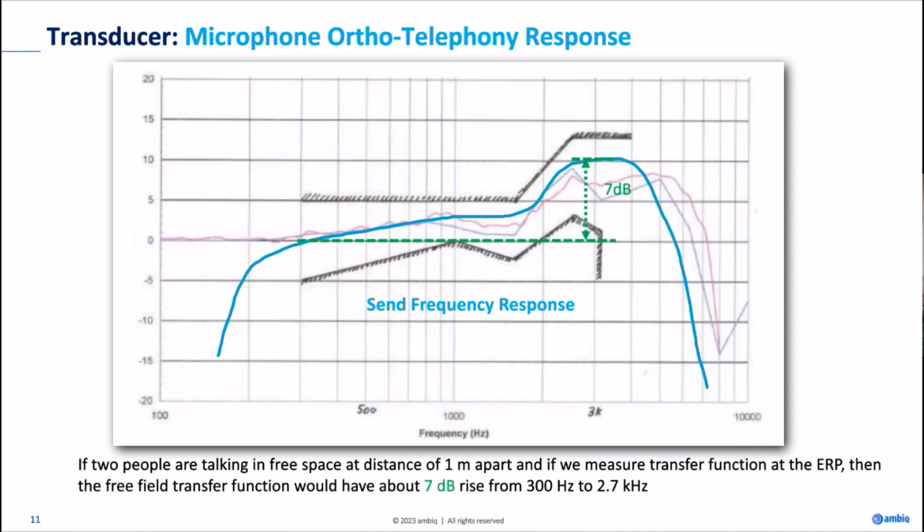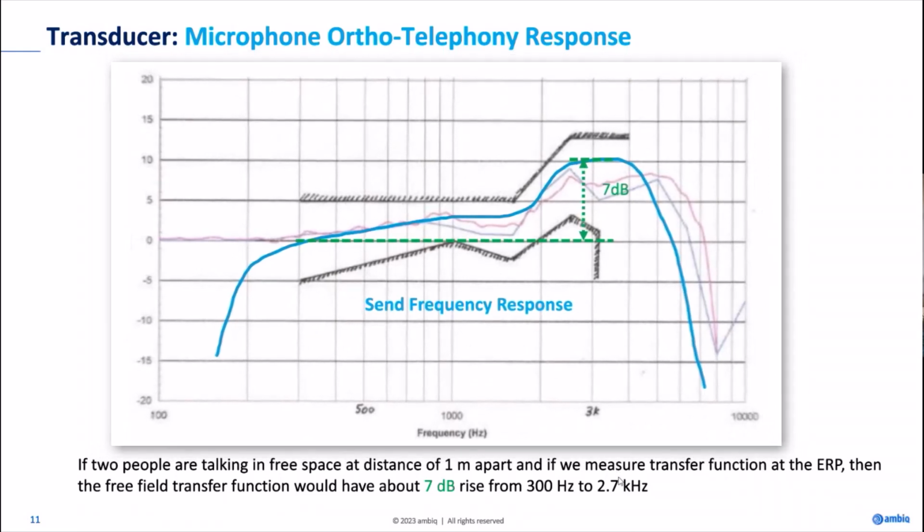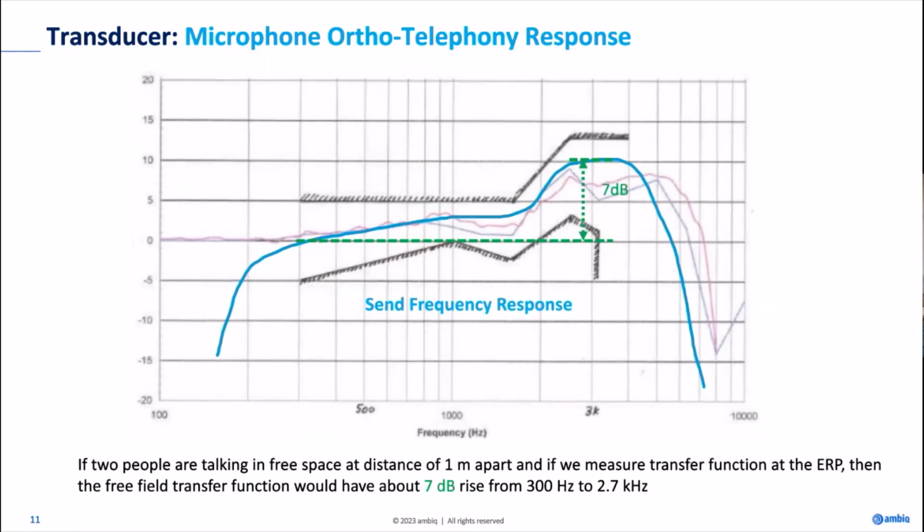If you take your thumb and put it in the ear, this distance inside is called the ear reference point. When we measure the transfer function, we see a 7 dB rise between 300 hertz and 2.7 kilohertz. That's basically the orthotelephonic response.